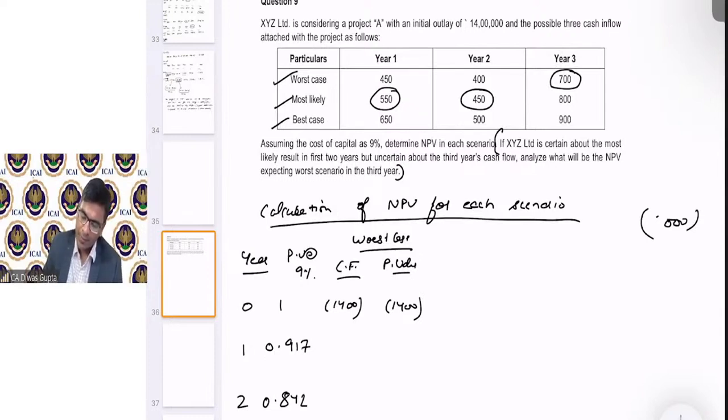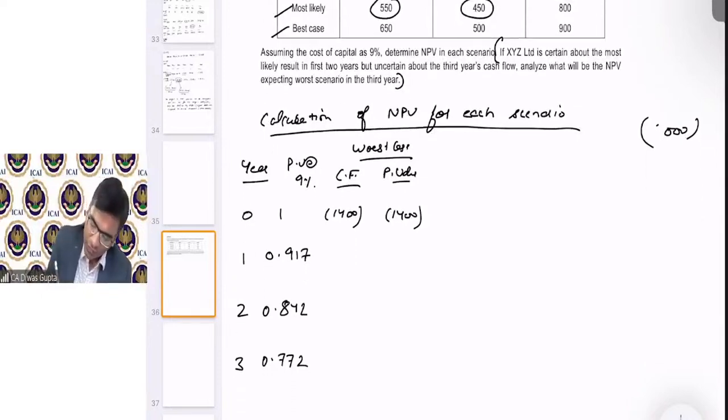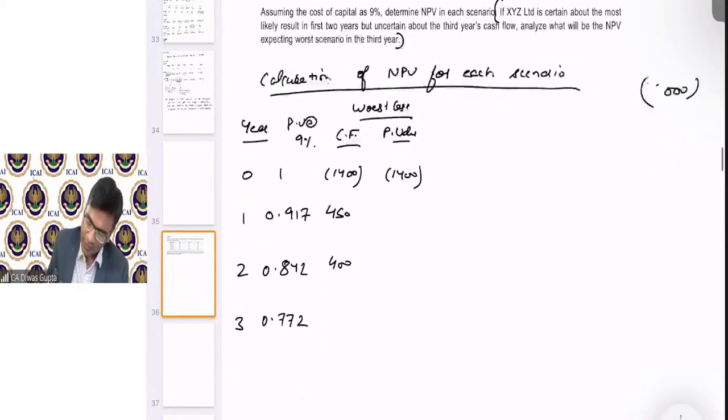Okay. Then the next one is 450. Then the next one is 400. We're talking about the worst case. Then the next one is 700. Okay, so 450 multiplied by 0.917 will be 412.65.